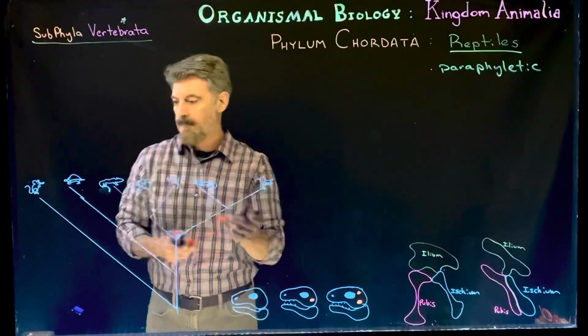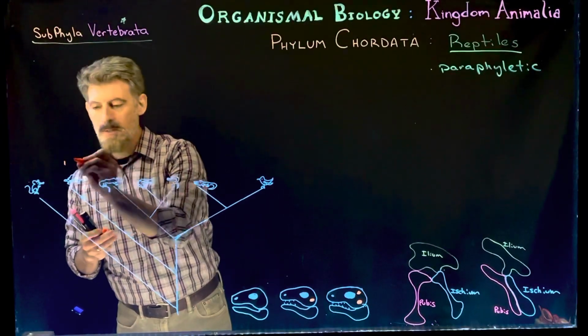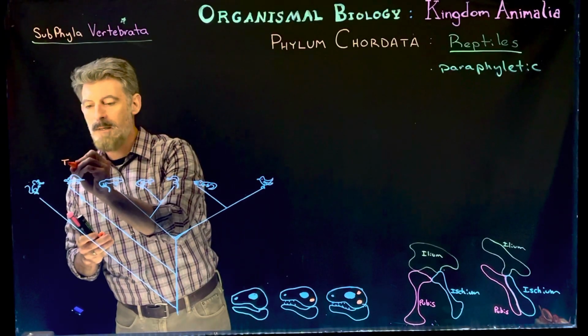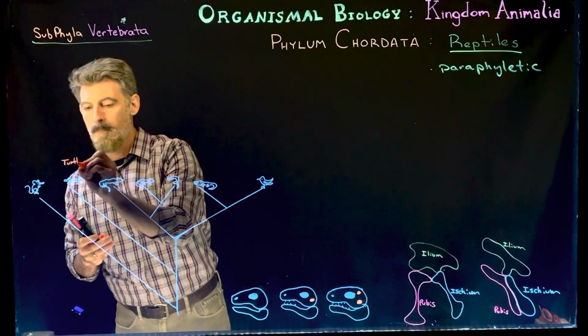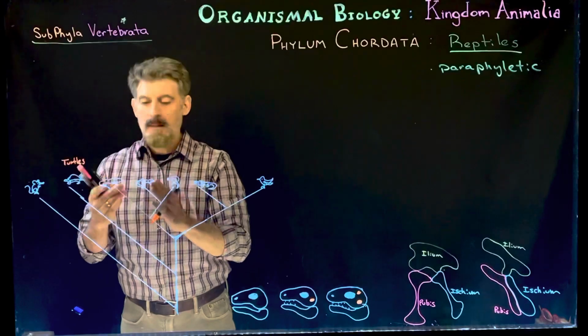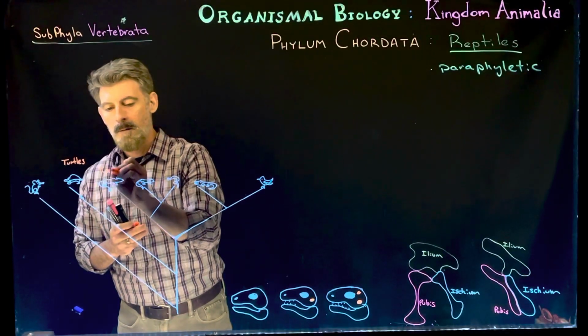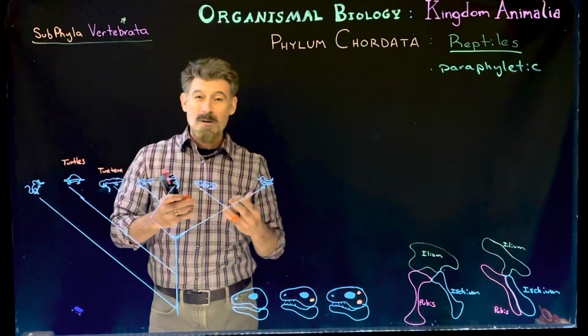So here we have the turtles. The testudines is the actual name, but we'll just go with the common name. And tortoises, obviously they're related to one another, but they're slightly different. The tuatara are a group of sort of large lizards that are separated.